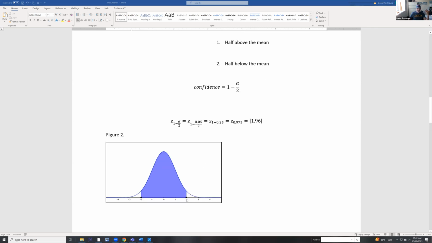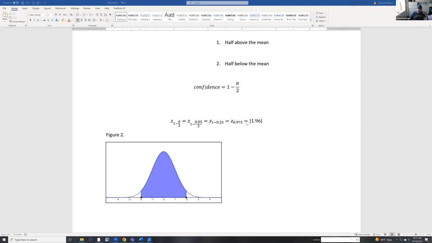If you look at this figure, the little black arrowhead is at 1.96, just below 2. So this 0.975 is everything to the left, not just up to minus 1.96, but all the way to negative infinity. Again, we're moving from left to right up to that point.